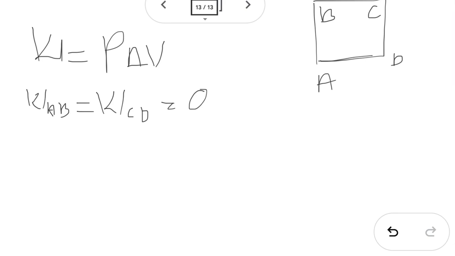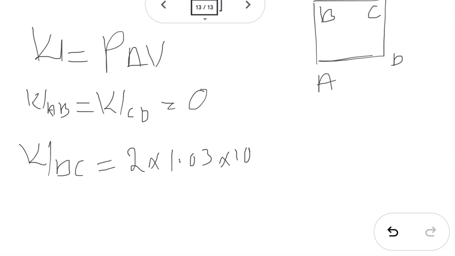the process BC, because there's a change in volume, the work done during the process BC is going to give us the pressure, which is 2 times 1.03 times 10 to the power 5 pascals, multiplied by the change in volume.